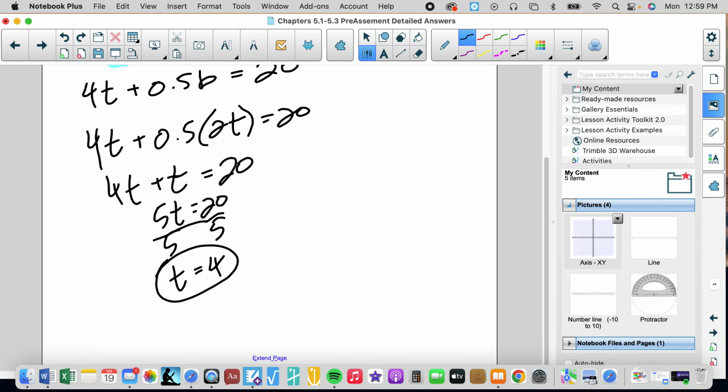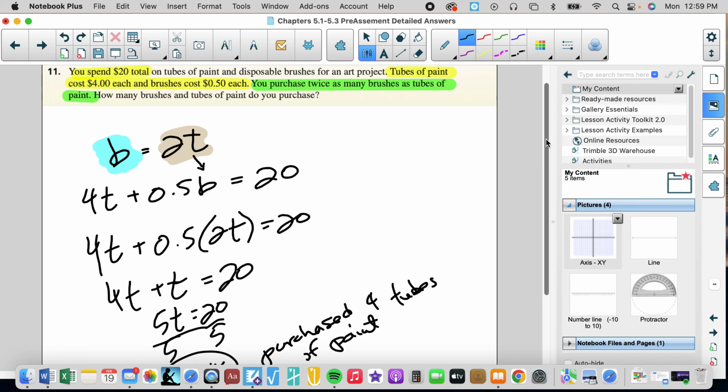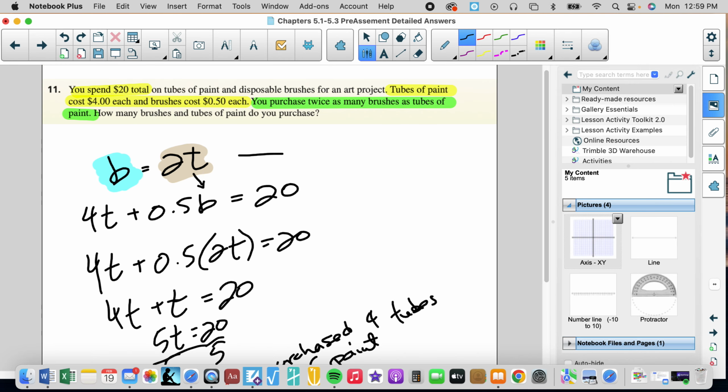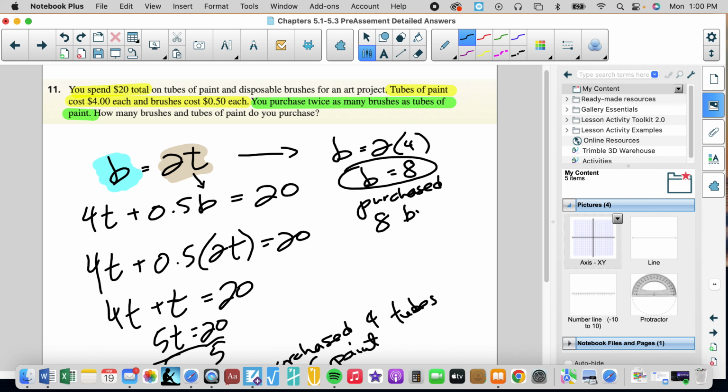So when I get t equals 4, I purchased 4 tubes of paint. And then if I want to find how many brushes, I can use this. Brushes equals 2 times 4, because I purchased twice as many, so I purchased 8 brushes.